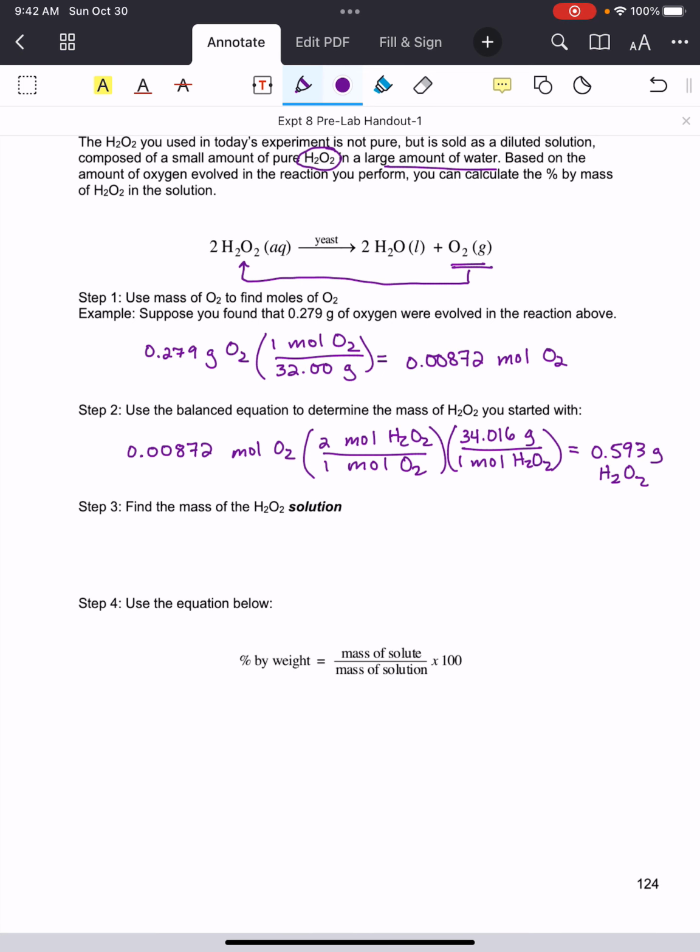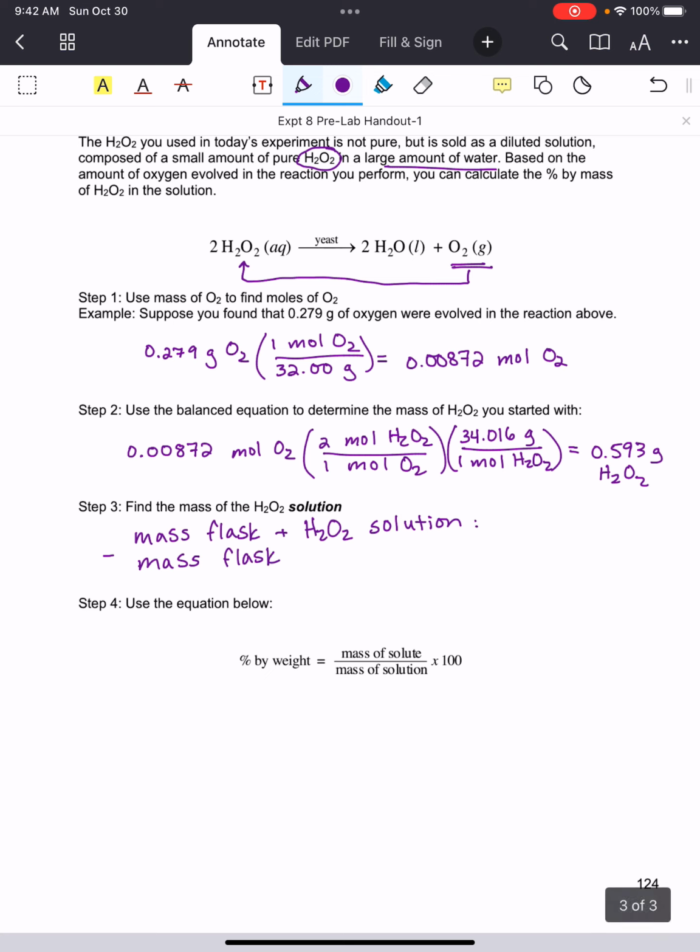The mass of the H2O2 solution can easily be found if we take the mass of our flask plus H2O2 solution and subtract the mass of the flask by itself.